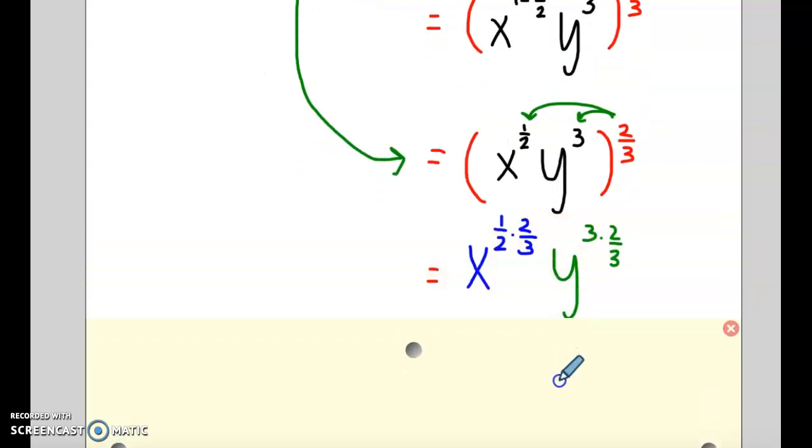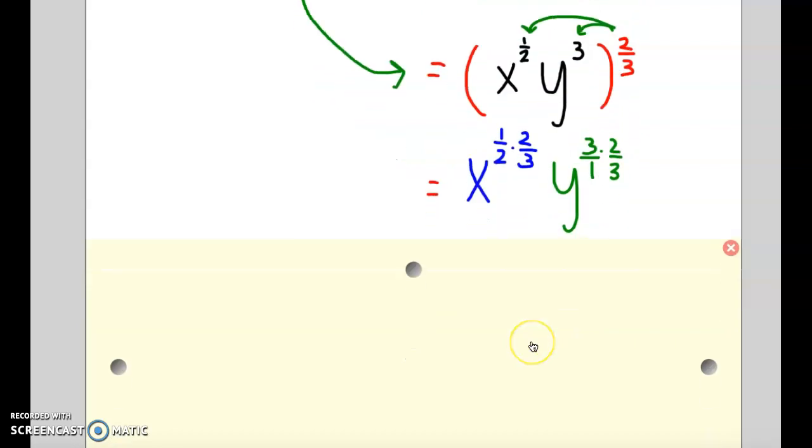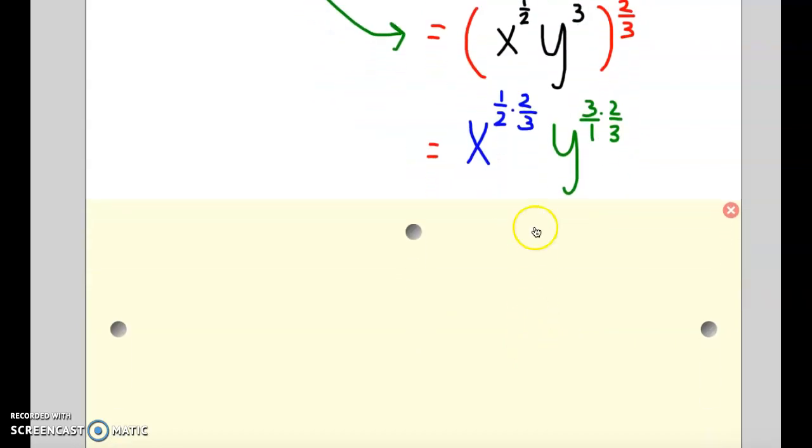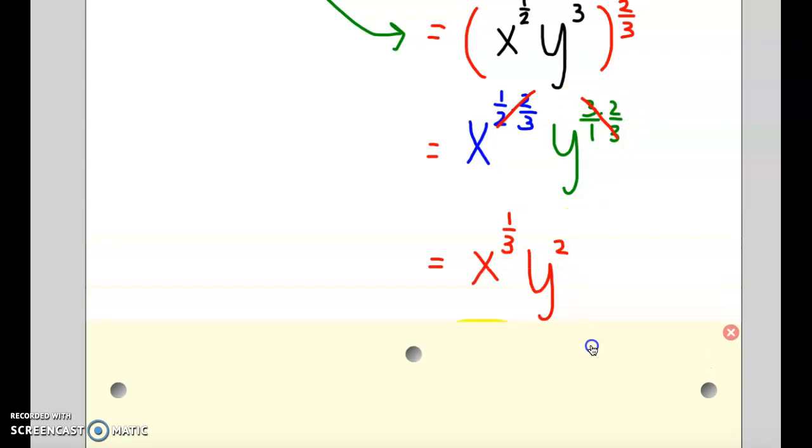So now we're going to look like x to the 1/2 times 2/3 times y to the 3rd times 2/3. Okay, I can make this a fraction. And then I'm going to go ahead and simplify by multiplying my exponents together. So I'll have 1/2 times 2/3, my 2's cancel. I'll have x to the 1/3. And then y, here look, my 3's cancel, I'll have y squared.